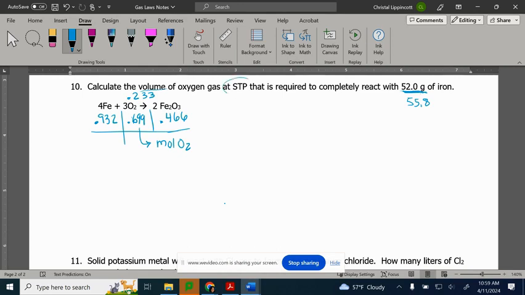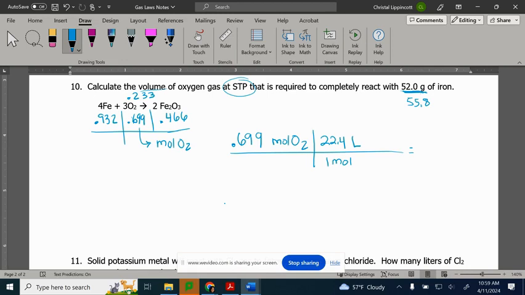Now, since this is at STP, we can solve this two different ways. I can solve it this way, where I take the moles of oxygen, and I know for every 1 mole, I have how many liters of gas? 22.4. Now, this only works when you're at STP.